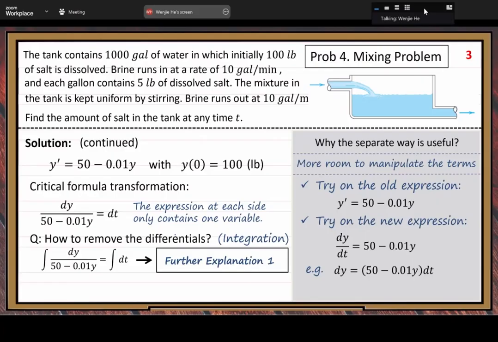Break time and attendance check time. I try to use that part of the time to do further explanation. Question? Is that one of the YouTube videos then? Yes. Further explanation? Yes. All right.